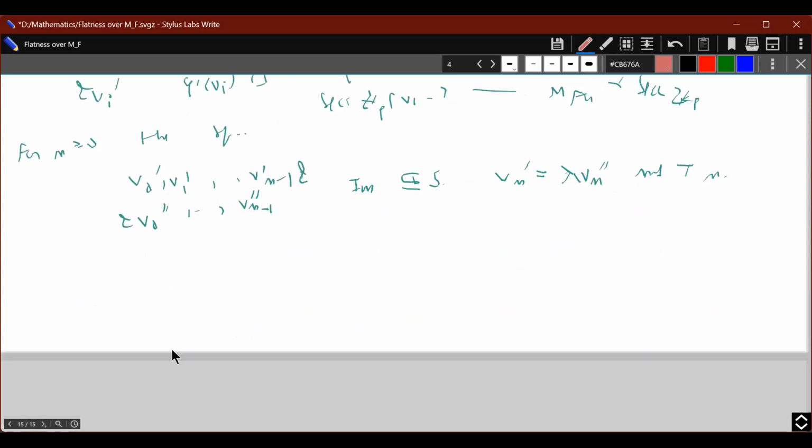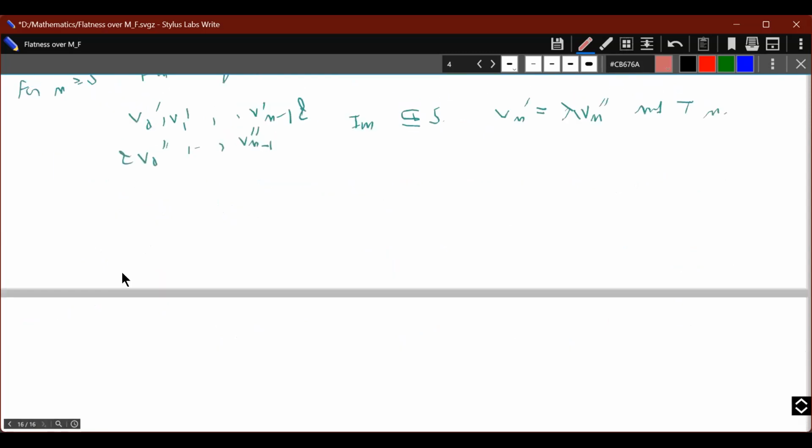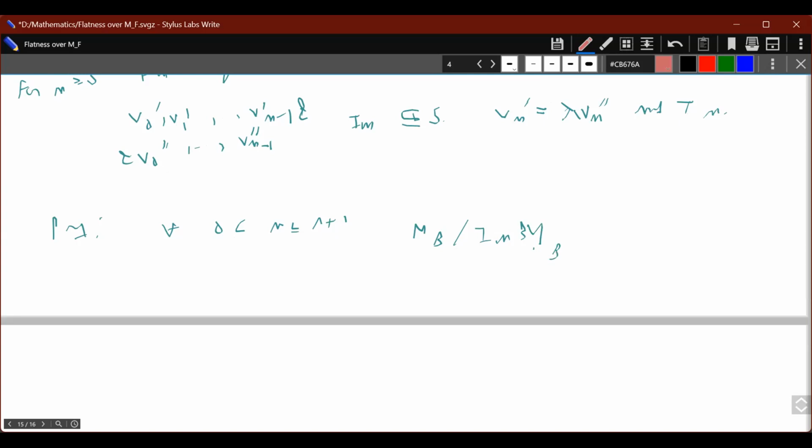Okay, so next proposition. It's flat over. Sorry, I should be consistent with notation.